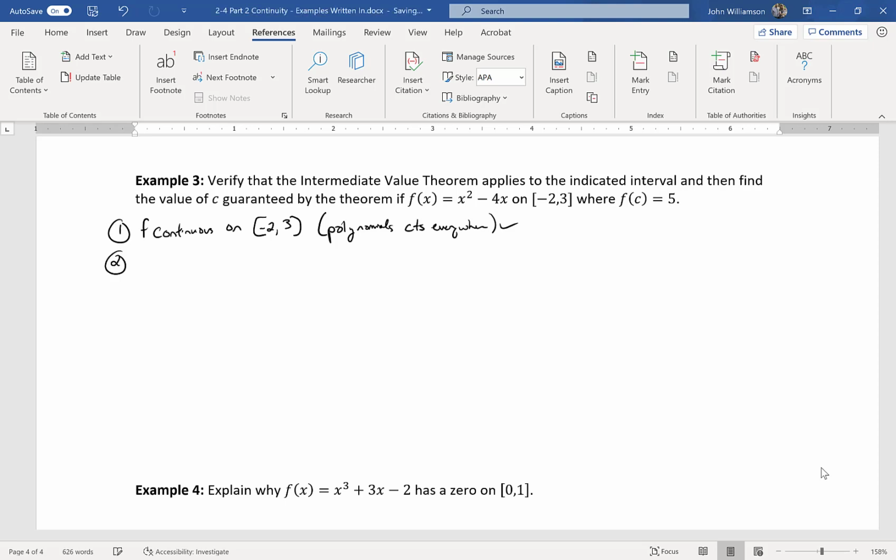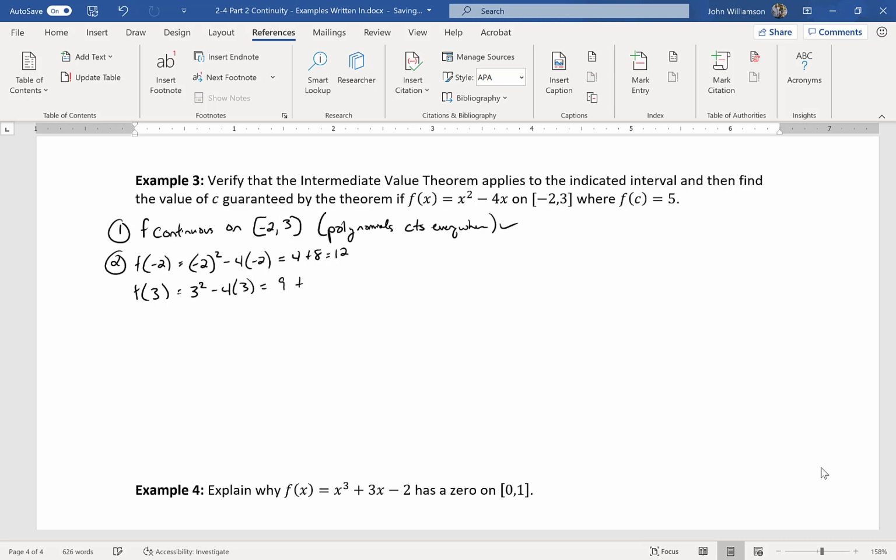Next thing we need to make sure is that f of -2 and f of 3 are different. So f of -2, substituting in -2 into our function, is -2 quantity squared minus 4 times -2. So that's 4 plus 8, which then gives us 12. And f of 3 then, so that's 3 squared minus 4 times 3.